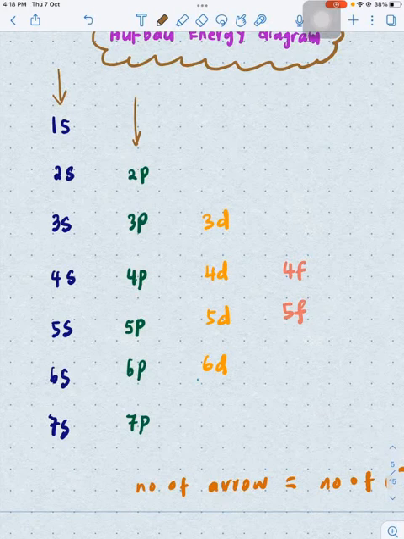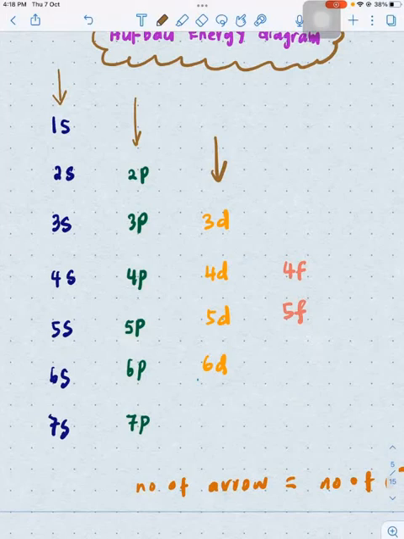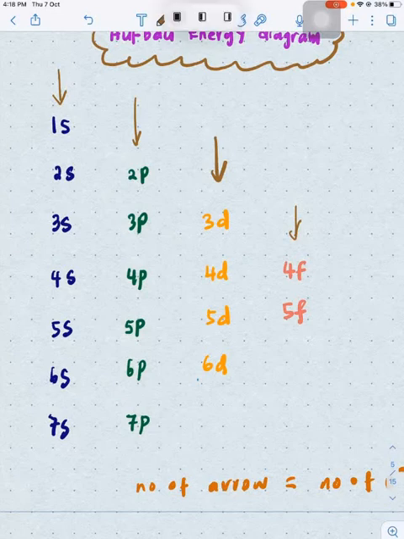And on the third row kita akan mulakan dengan 3d, 4d, 5d and also 6d. Okay, so that's for the third row. And then for the fourth row, you are going to write down starting from 4s up to 5f. Okay, right?